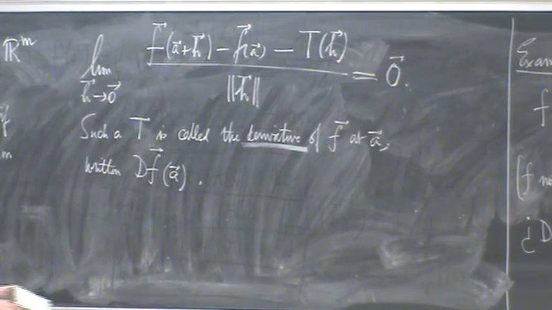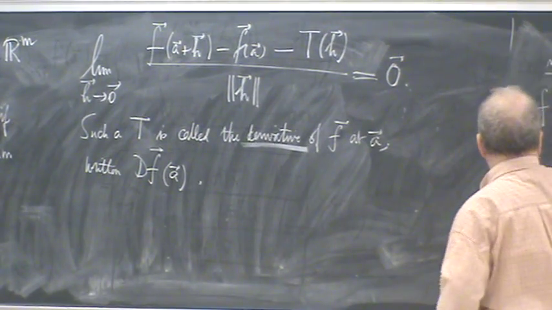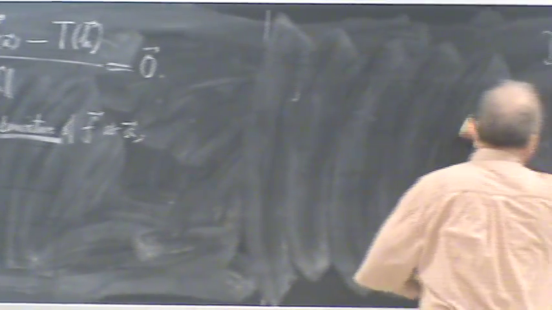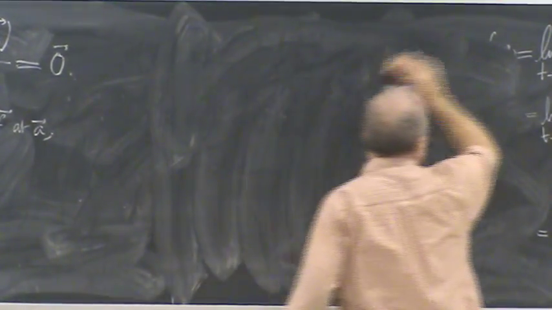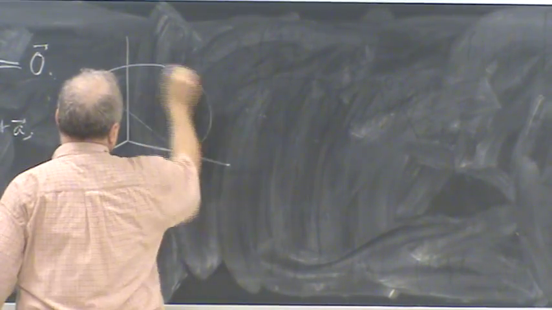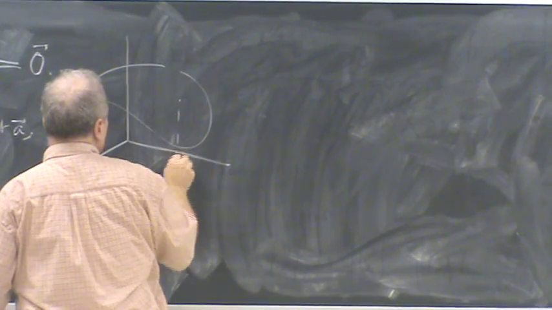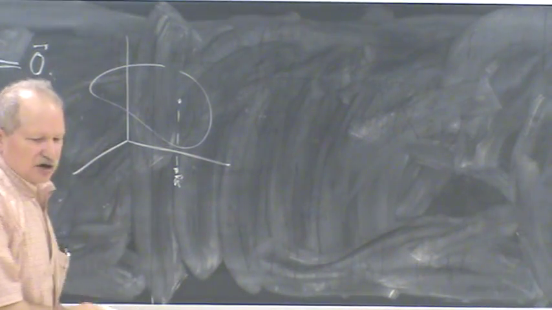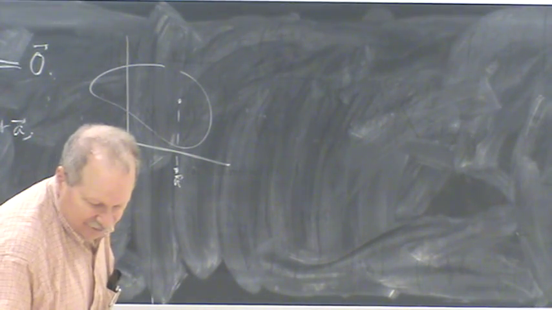So this is replacing f prime of a in the single variable case. So what's the picture? I'm not quite so good at drawing this by hand usually. There's a nice picture in the book, but I'm scared to put it on the projector. Let me try to draw some. Suppose you're at this point a, and you're trying to understand the function near a.